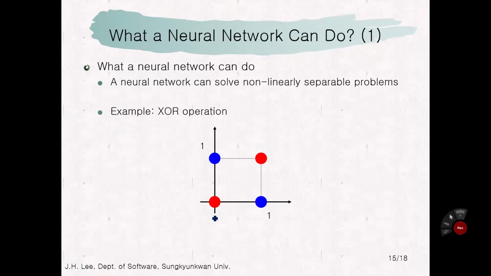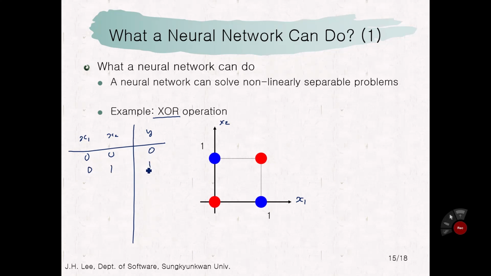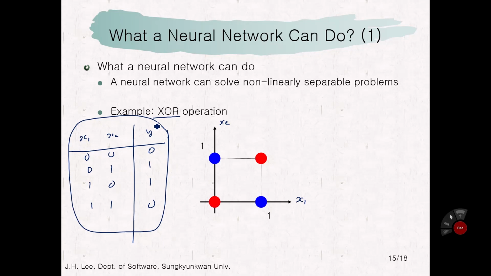Then you may have some other questions. What about the exclusive OR? For example, x1 and x2, and output y. For 0, 0, exclusive OR will be 0, right? For 0, 1, the output will be 1; for 1, 0, 1; and for 1, 1, 0. This is the exclusive OR operation.